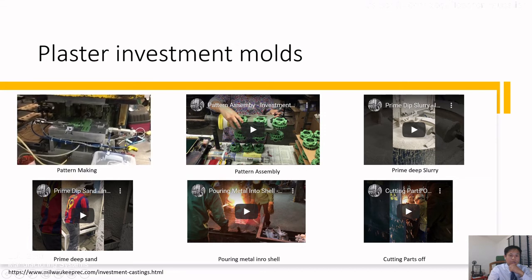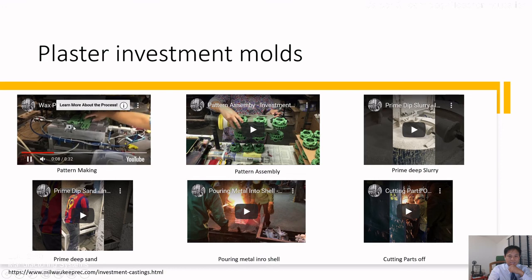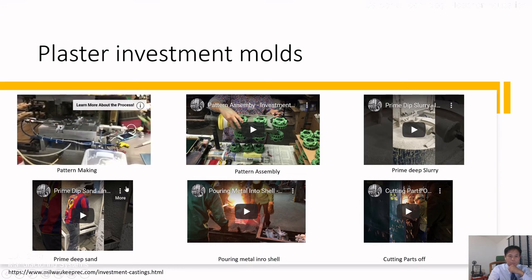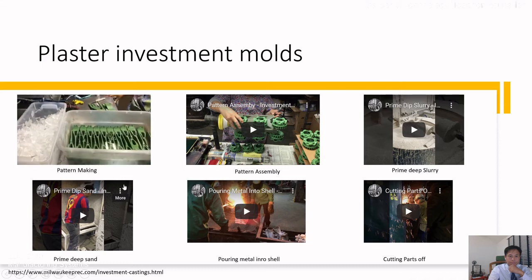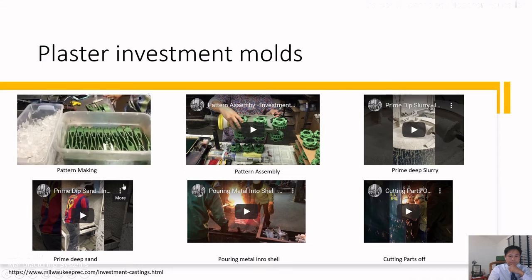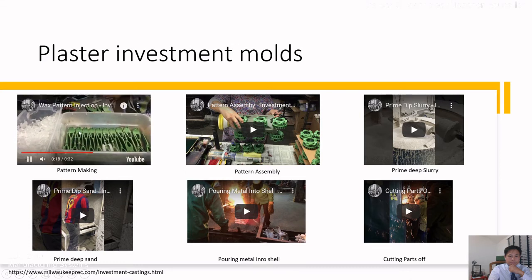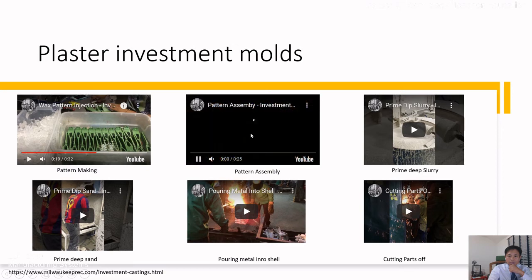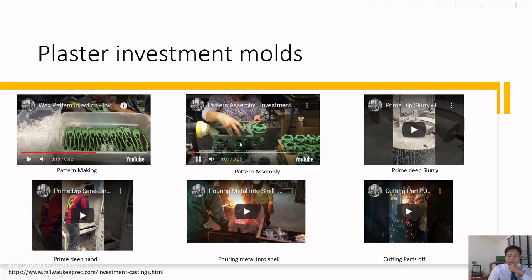The first part is creating the pattern. This pattern is made of wax. This is the wax mold. All right, so once the wax mold is prepared, then we assemble the pattern.